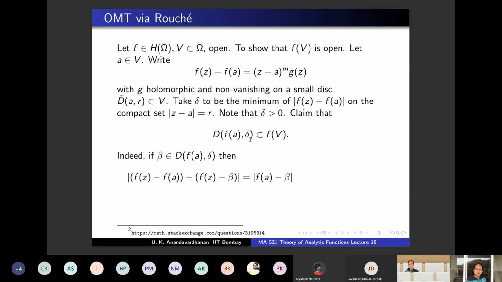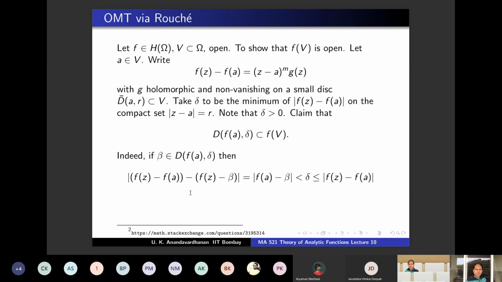So |f(a) minus beta| is strictly less than delta, and delta is less than or equal to |f(z) minus f(a)|, because delta is a minimum on this disk. On |z minus a| equal to r, delta is less than or equal to |f(z) minus f(a)|, because delta is the minimum. So you have got the modulus of f minus g strictly less than, here it is strictly less, strictly less than the modulus of f, right?